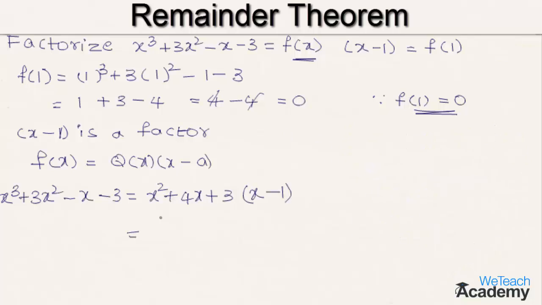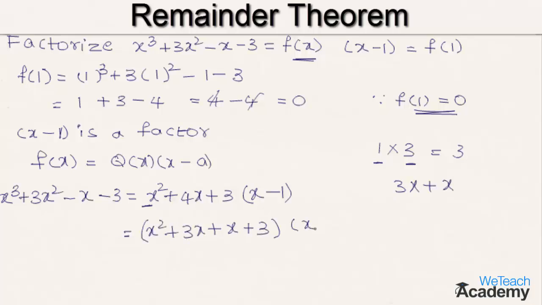Now let us factorize this. The factorization method begins with multiplying the coefficient of x square with the constant term. Multiplying 1 with 3 we get 3, and the factors that add up are 3x plus x. So let us write this as x square plus 3x plus x plus 3, into x minus 1.